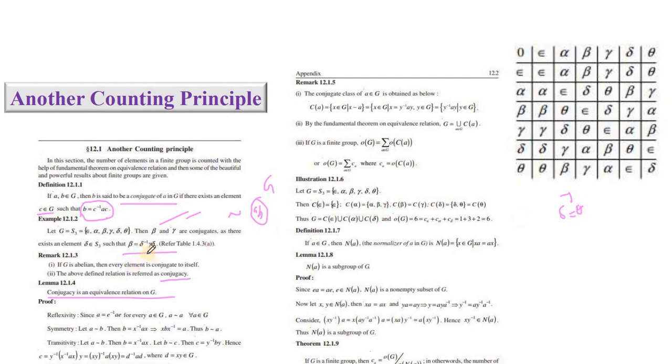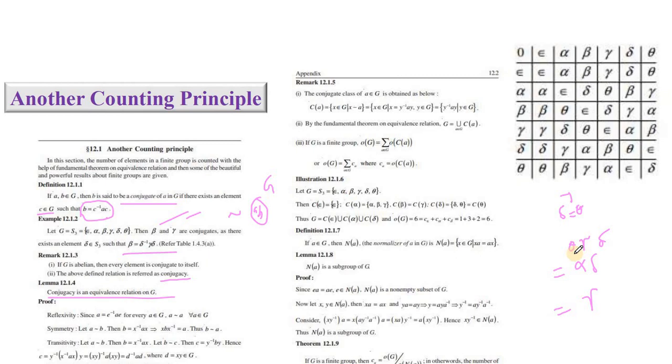And you are going to compute theta gamma delta now. What is theta gamma? Theta gamma is alpha. We are going only from left to right. So alpha delta you have. What is alpha delta? Alpha delta is gamma. So I am getting delta inverse gamma, delta inverse is theta.